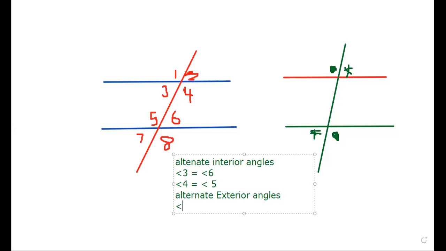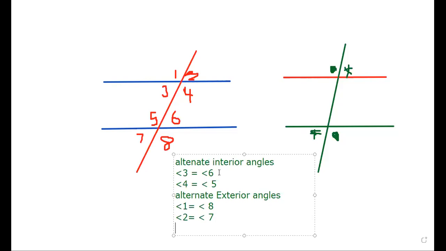Alternate exterior angles like 1 and 8. Angle 1 equals angle 8. Yes. Is there any other pair? Angle 2 with angle 7. And also they should be equal in measure.